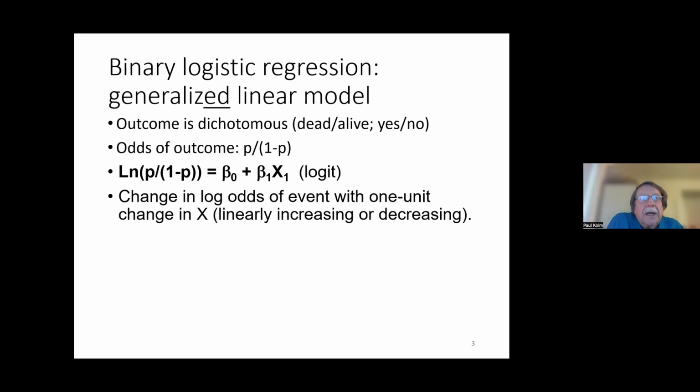And so in our regression now, we're going to look at the log of the odds. And so the change in log odds of an event represents the change in the log odds of an event with 1 unit change, either increase or decrease in our independent variable. And it can be increasing or decreasing.